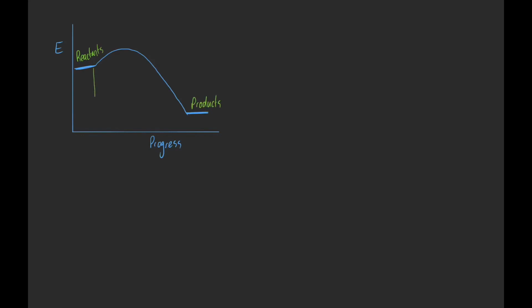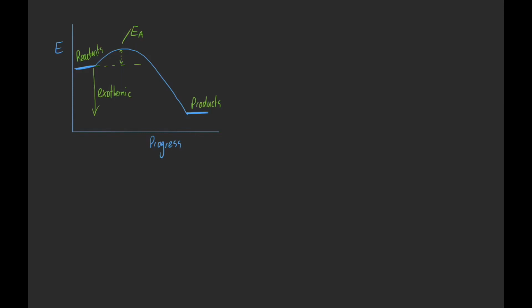Now we're going down in energy here, which indicates that this is exothermic. But this initial increase in the energy represents our energy barrier. This is EA, our activation energy.